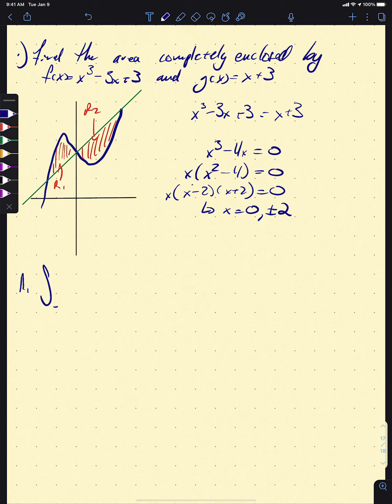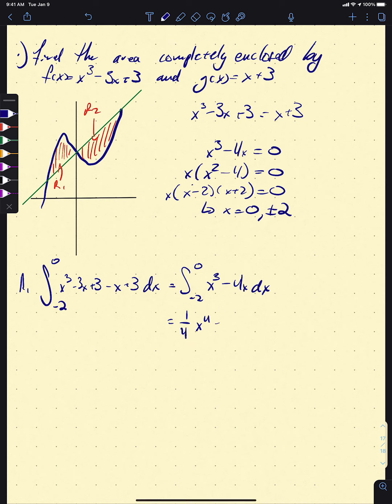Region 1 is going to be the integral from -2 to 0 of x cubed minus 3x plus 3 minus x plus 3 dx, okay? Which is going to come out to, from -2 to 0, looks like x cubed minus 4x dx. Taking antiderivatives, 1/4 x to the 4th, looks like it's going to be minus 2x squared.